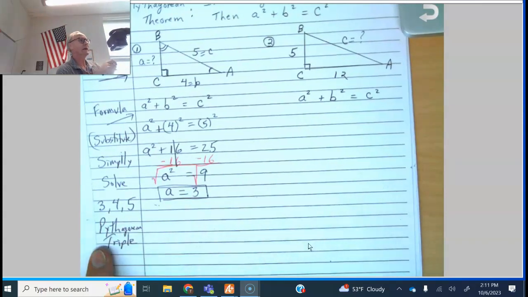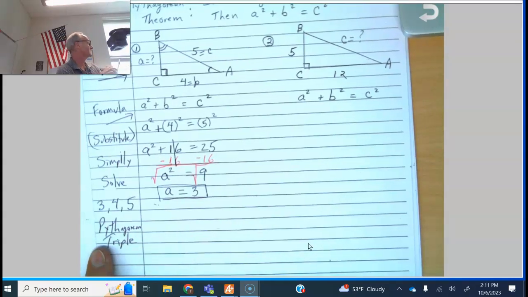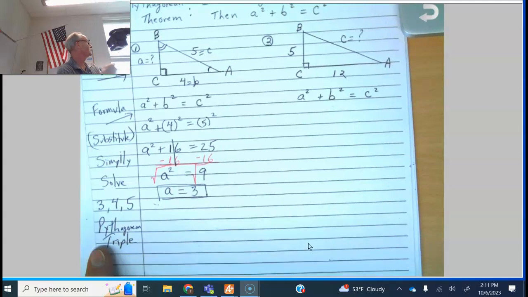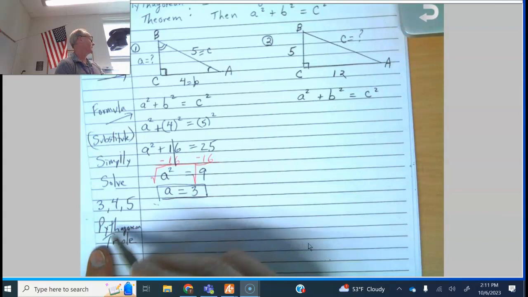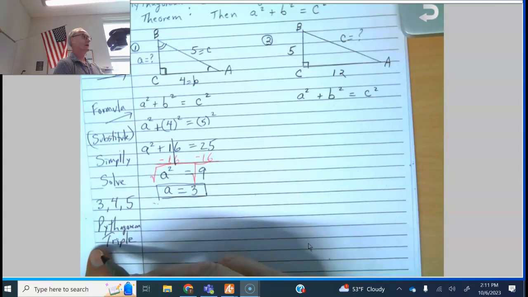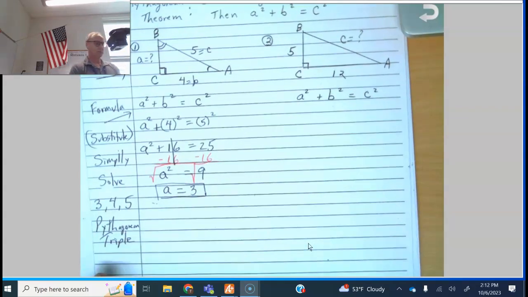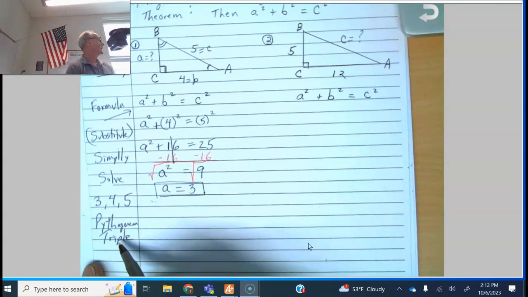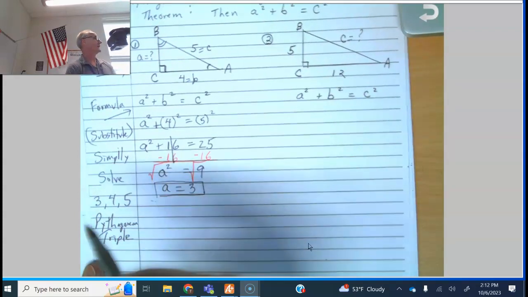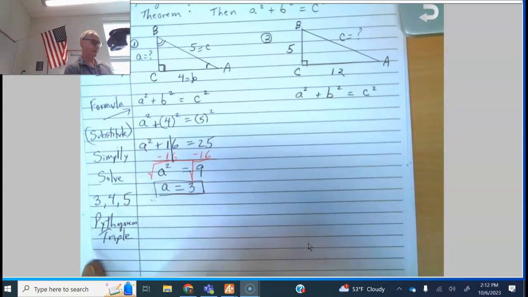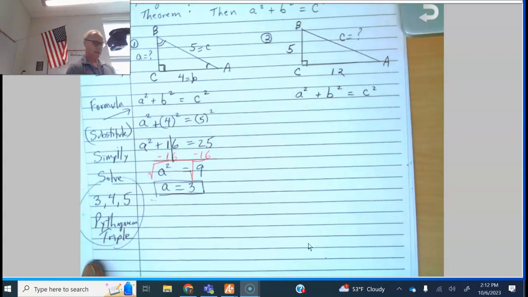There are lots of these, and in fact, I was teaching for about 12 years, and I ran into another math teacher at a conference, and he taught me a really cool theorem about Pythagorean triples that I had never seen before, and we proved it together at that conference. It was really cool. I'll be teaching it to you later this year. It's really, really useful, kind of hard to understand, but later on we'll deal with it.